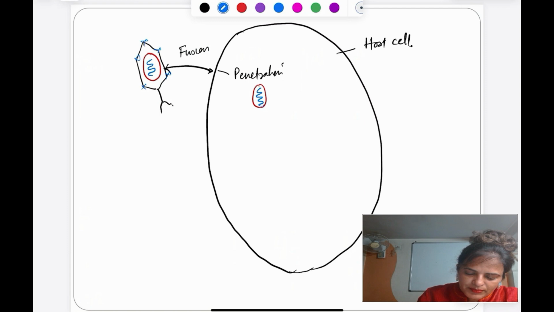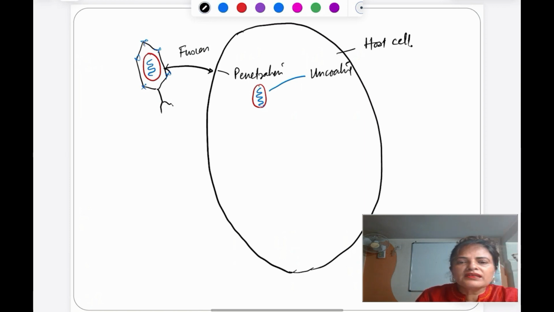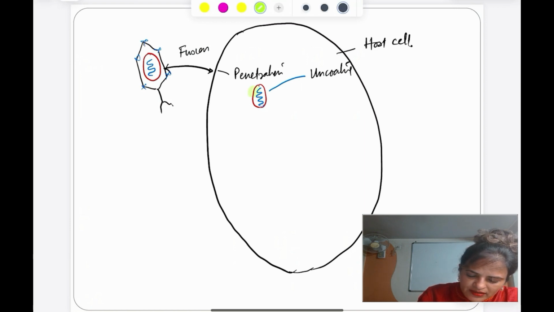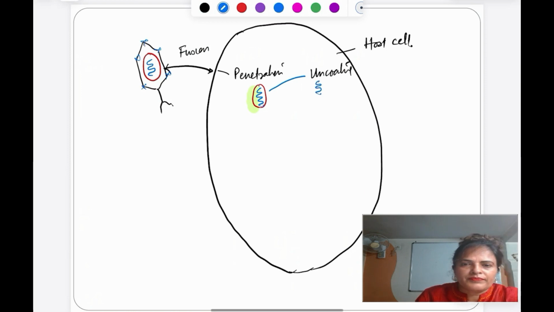So the next step is uncoating. Now what happens in uncoating? This capsid part, this red part, will be removed. So only the genetic material will be there.